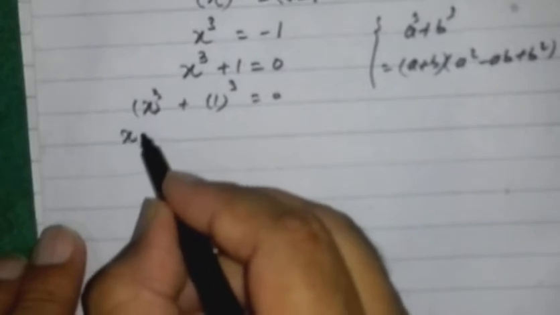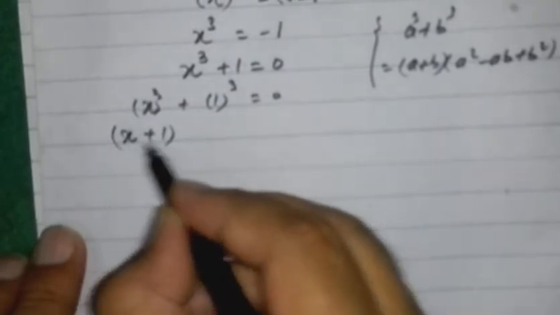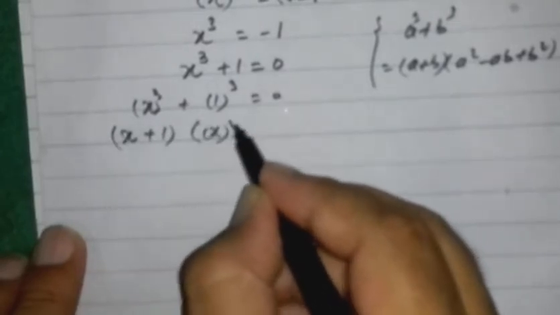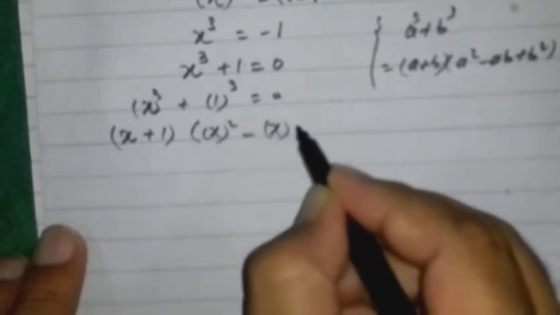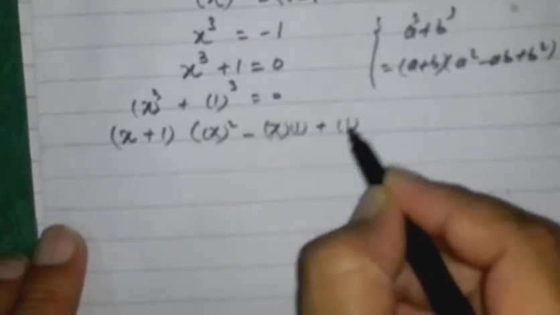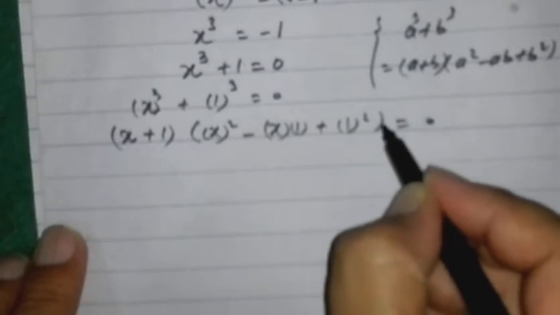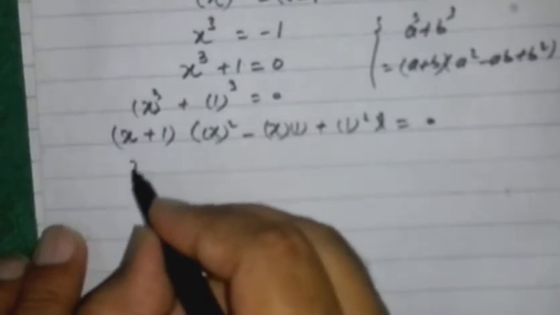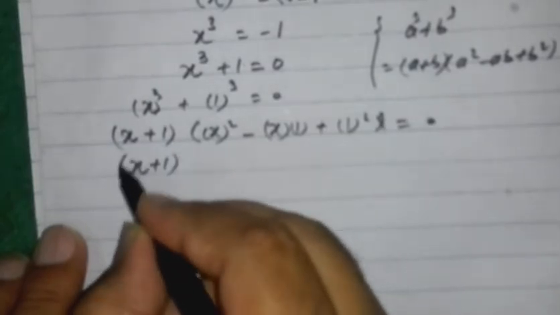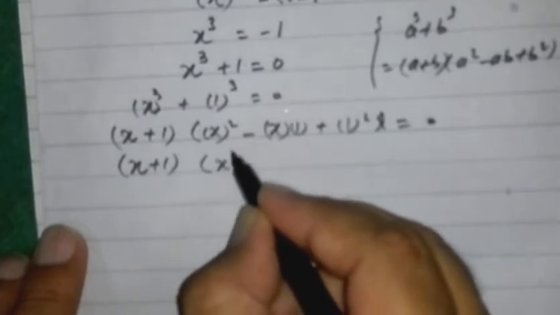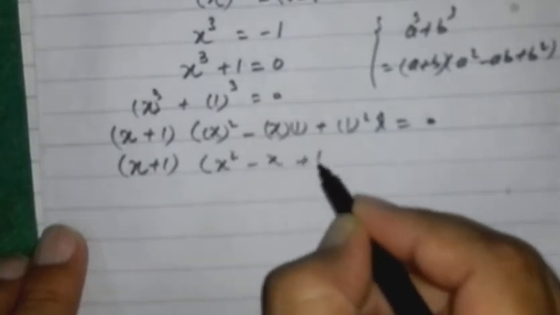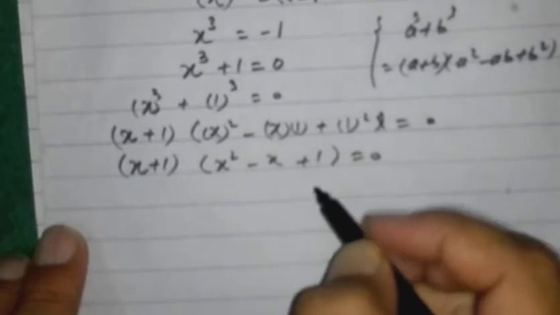Now by the formula we get (x plus 1)(x square minus x into 1 plus 1 square) equals 0. Further we can write it as (x plus 1)(x square minus x plus 1) equals 0.